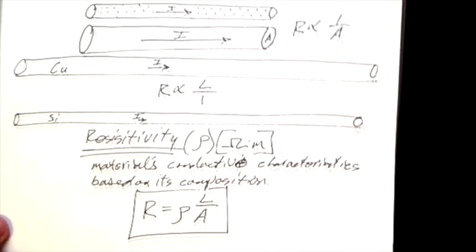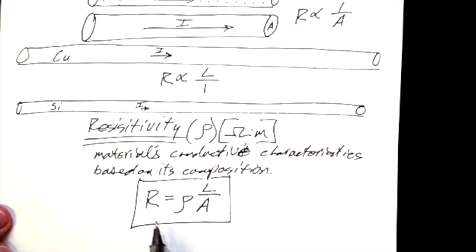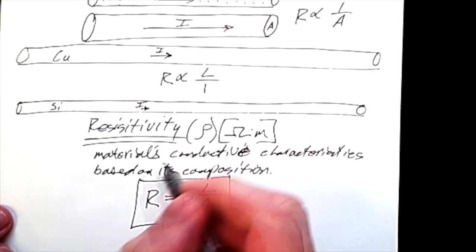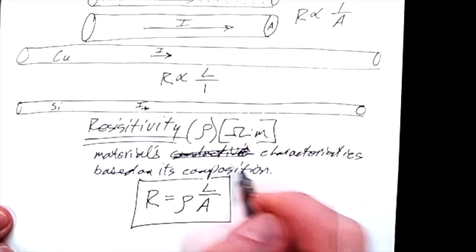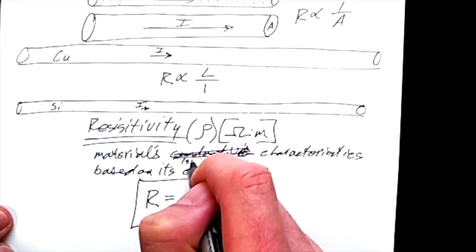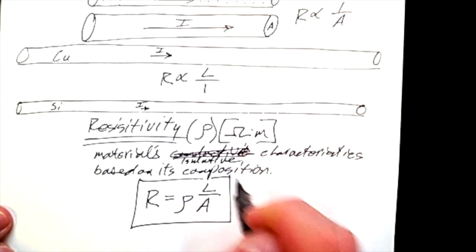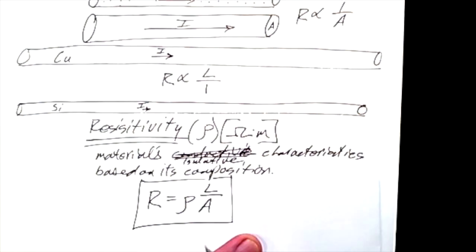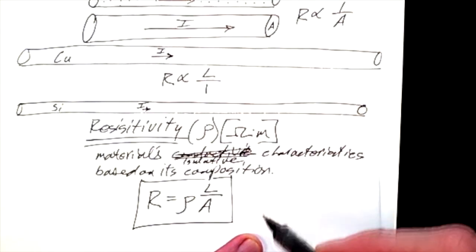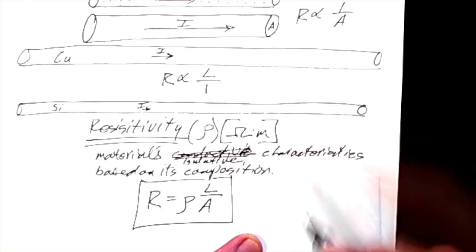And so this gives us a way of defining the material's resistive characteristics, or its insulative characteristics, based on its composition.